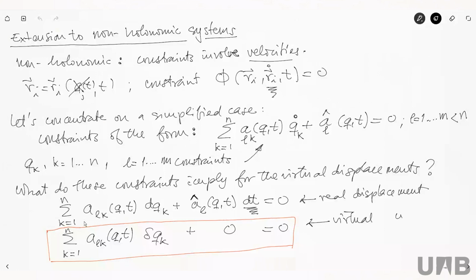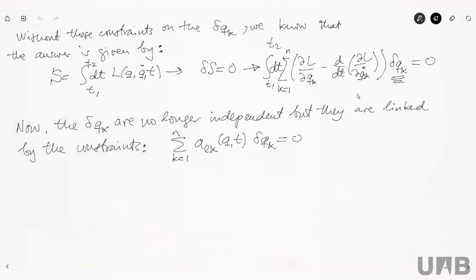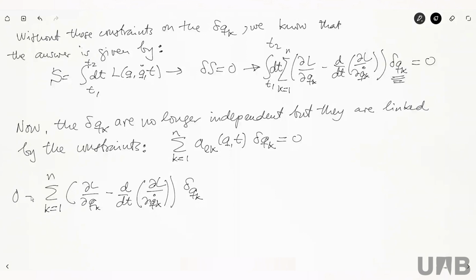So now we have a situation in which we can only say that we can still apply the lemma of the calculus of variations. So it is still true that from here we can conclude that the sum from k equals 1 up to n of the derivative of L with respect to q_k minus the derivative with respect to time of the derivative of L with respect to q dot k, times delta q_k, this has to be 0.